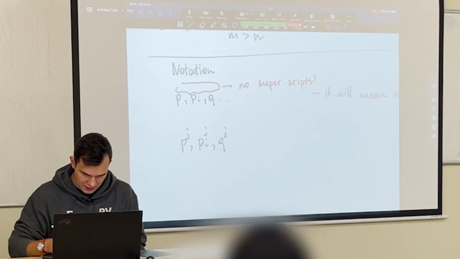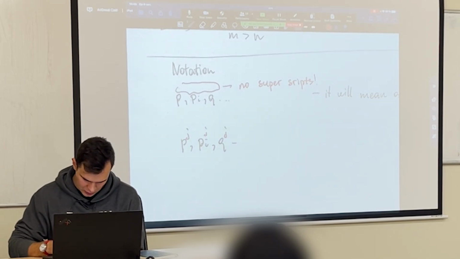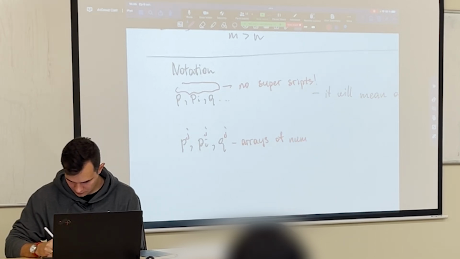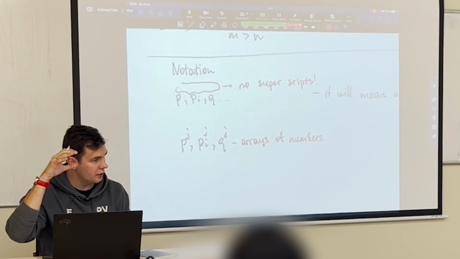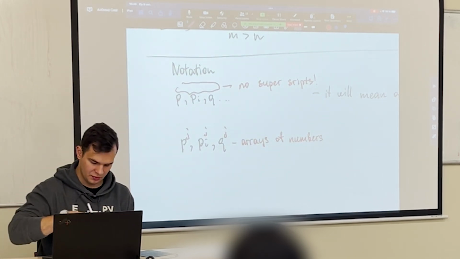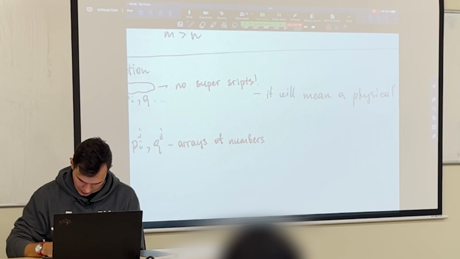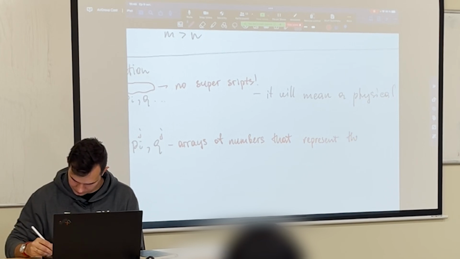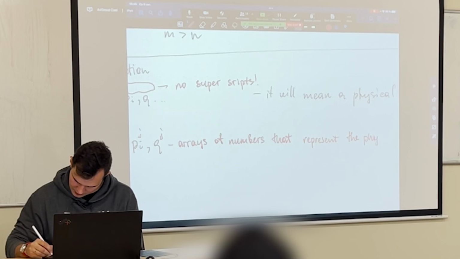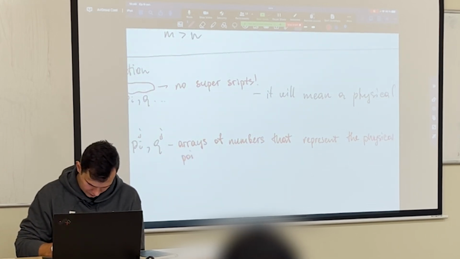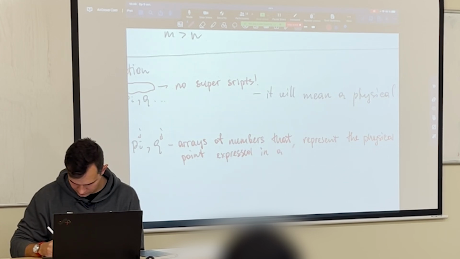And this will be an array of numbers that represent the position of a physical point expressed in a frame J, C^J.